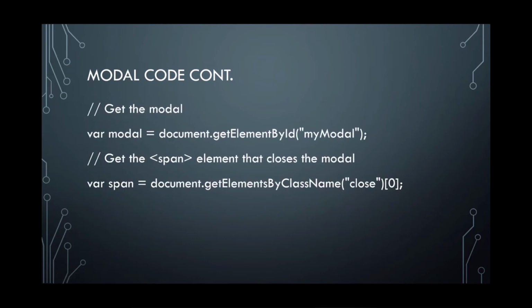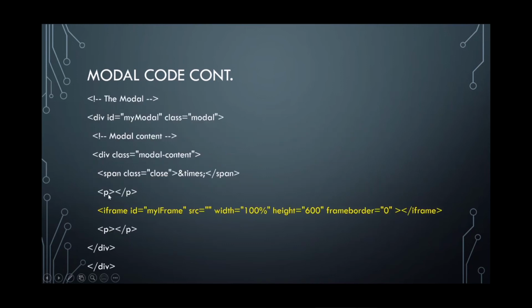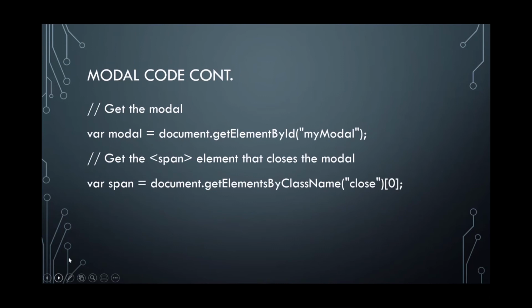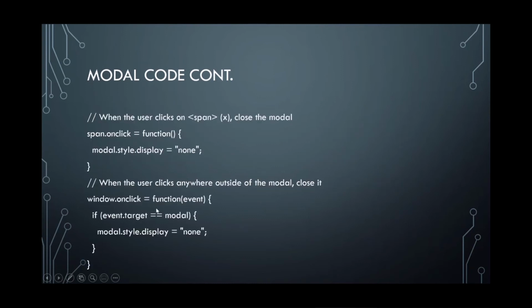So now for the JavaScript part of it, because again, we want this to be interactive, I have a variable for the modal that looks at the my modal that I just created in the HTML. So remember that div ID, that's where I'm looking at there. And then also a span for the close part as well. So I'm creating these two variables to reference when I start interacting with it.